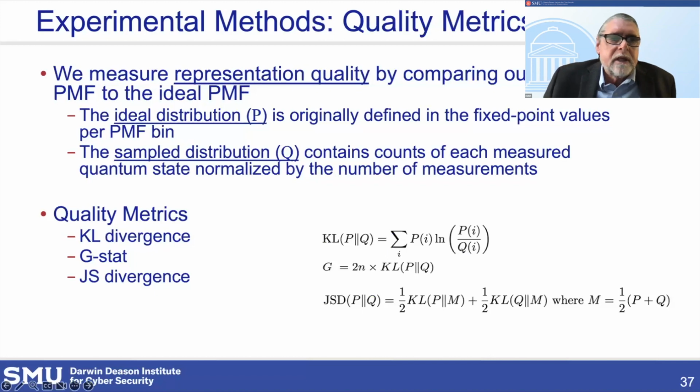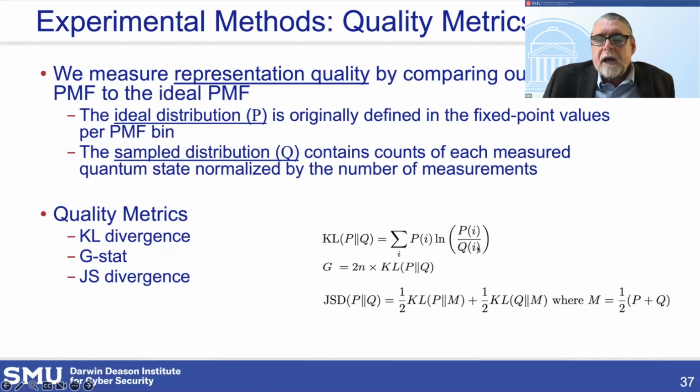So I mentioned that we were going to judge the quality using some metrics, the Kullback-Leibler divergence, which compares the ideal distribution, the one the user specified, to the one that was implemented in the oracle. There's also a statistic we can use, the G statistic. And we also looked at the Jensen-Shannon divergence, which is really just a function of Kullback-Leibler.